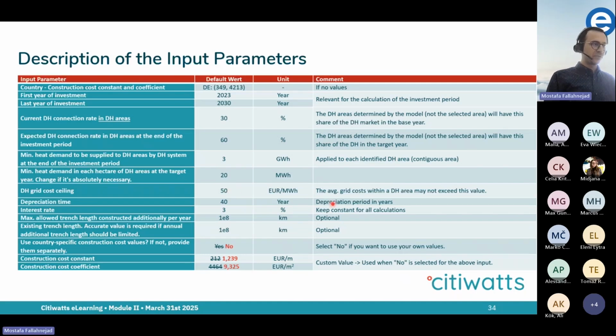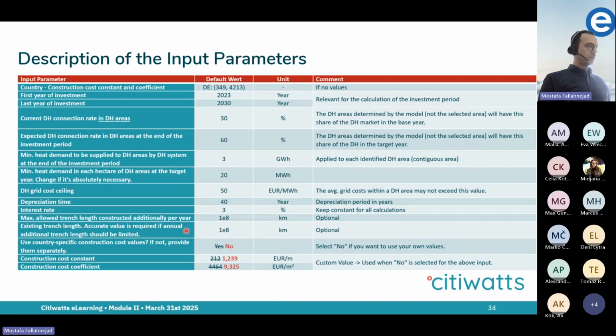I need to provide the depreciation period and an interest rate for the economic analysis. And then there are two optional parameters to limit the annual expansion of district heating grids.